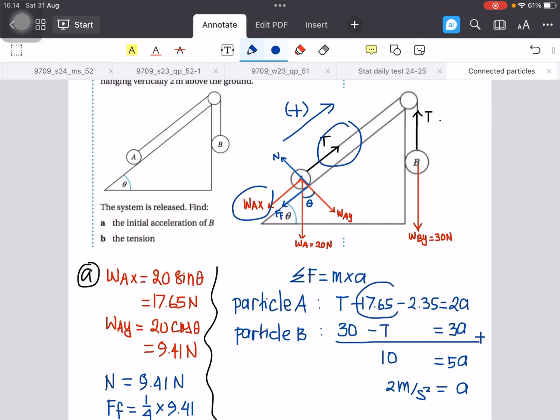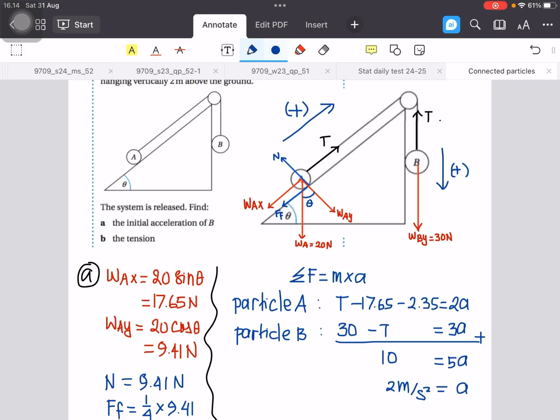WAX is 17.65 Newton minus friction force, which we have found before, 2.35, is equal to mass times A, 2 times A. And then for particle B, the equation will be 30 minus T, because B moved downward. So the positive direction for particle B is downward. 30 minus T is equal to 3A.